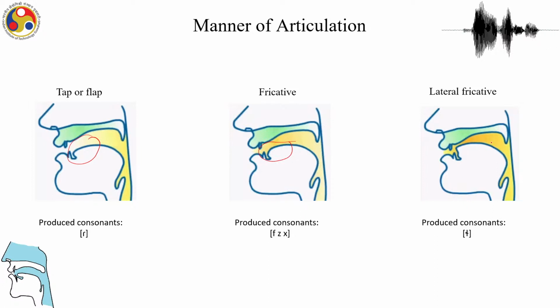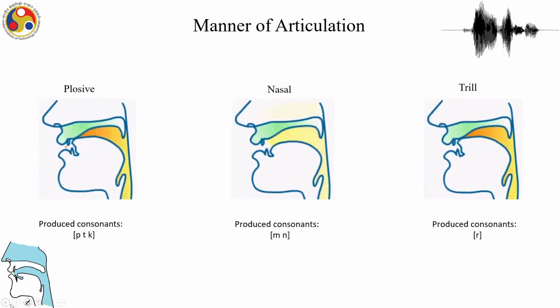You can have the lateral, the tongue in the lateral position will produce a lateral fricative. Now these are the different places, but the manner of articulation that we are talking about here is that of the fricative. So how is a fricative produced? The fricative is not produced like a plosive, and these are very important distinctions.